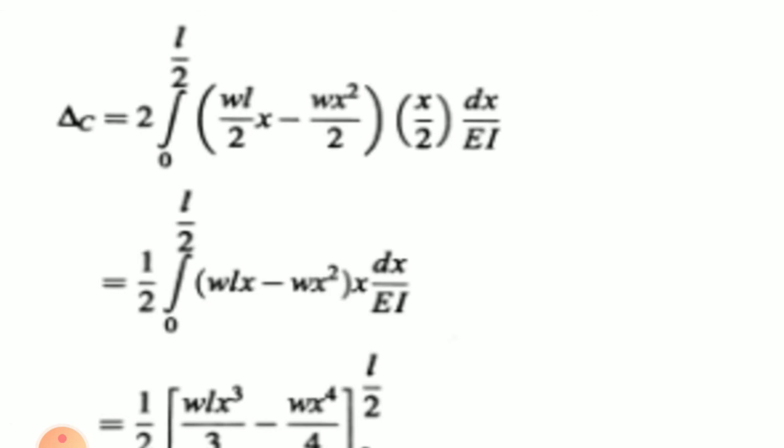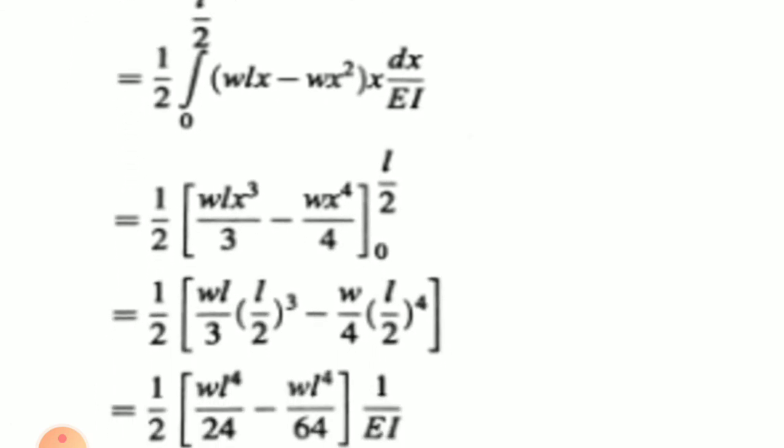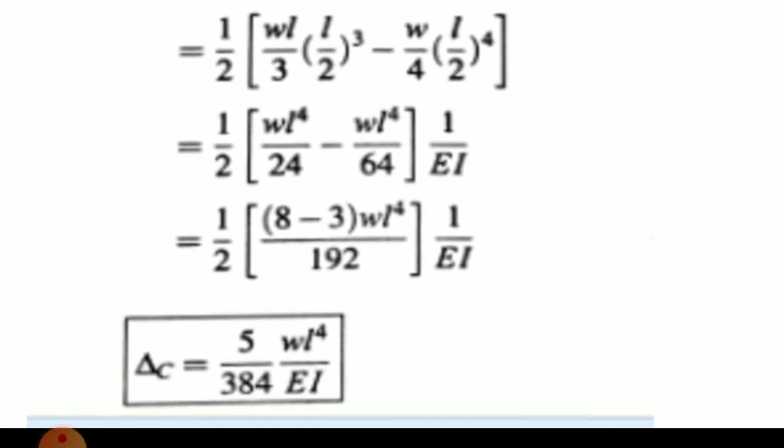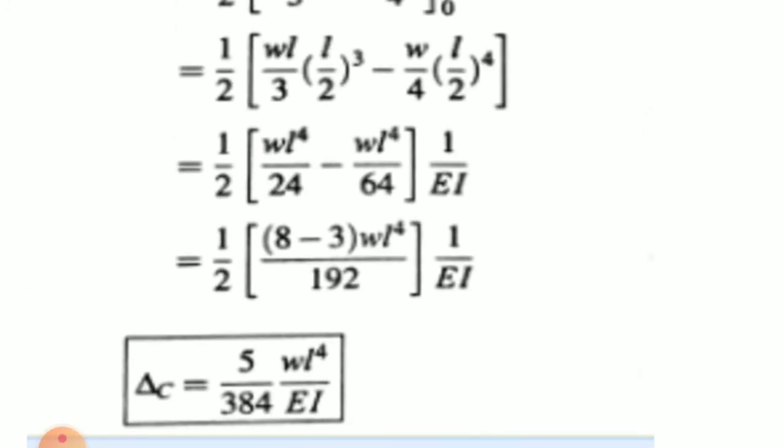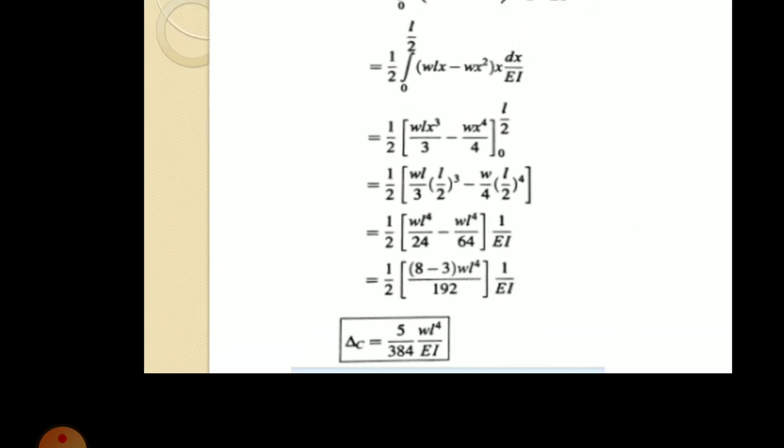So this is integration between the limits 0 to L by 2. As the second expression is also same, it is multiplied by 2. So on integration, we get the answer as delta C, that is central deflection, will be 5 by 384 WL4 by EI. Thank you.